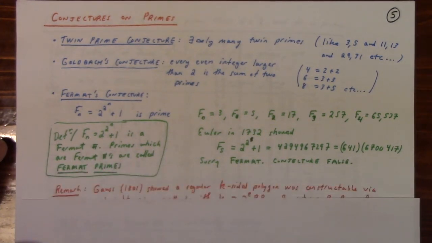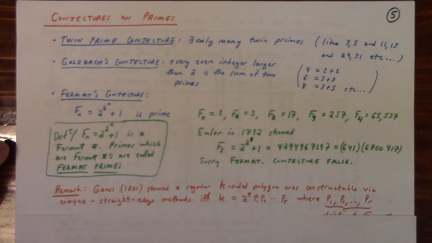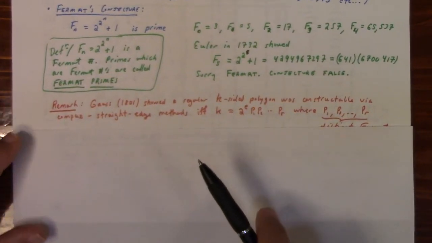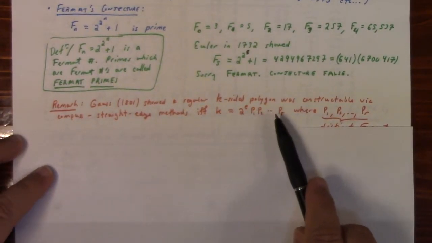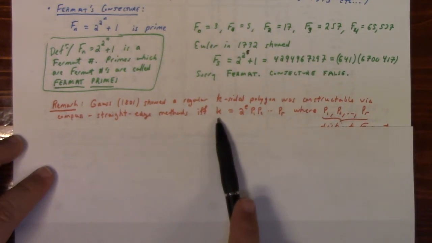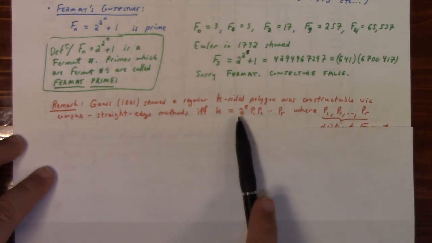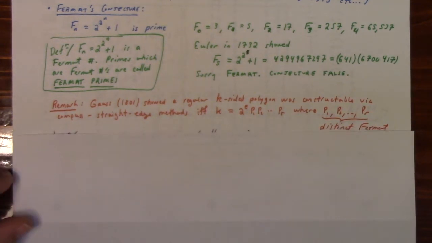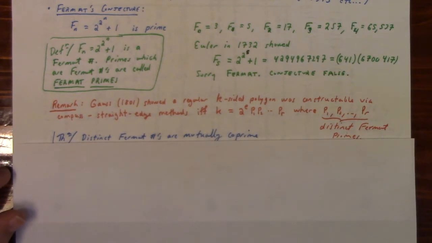They're interesting because, among other things, Gauss showed in 1801 that a regular k-sided polygon was constructible via compass and straightedge methods if and only if k was equal to 2 to some power times the product of distinct Fermat primes. So it's like, okay.